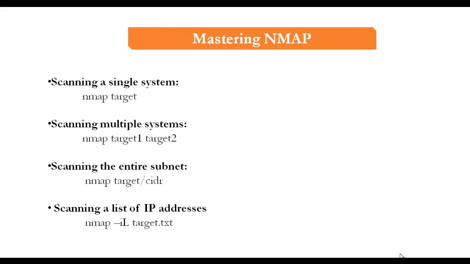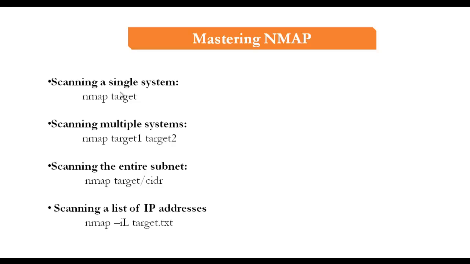Now let us try to understand how to use the Nmap tool in an efficient way. Nmap is a great tool for scanning, especially for finding open ports, the type of operating system the target is using, and which hosts are alive in the network.